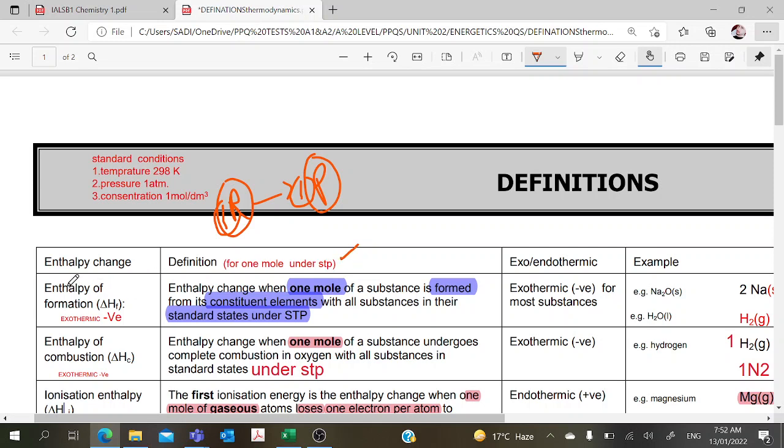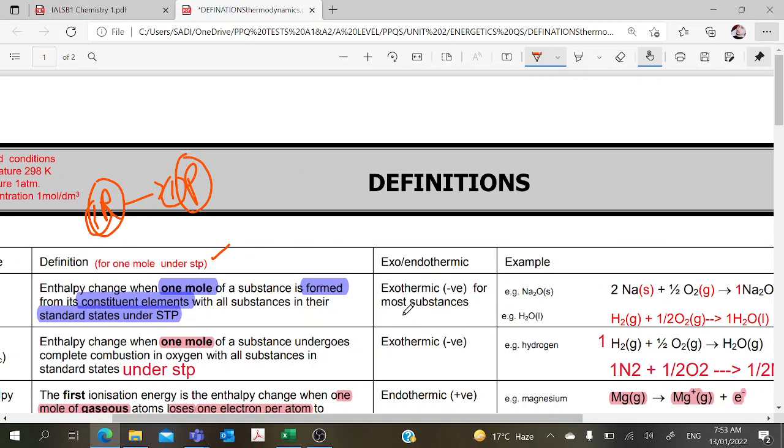Now let us work on enthalpy of formation. First of all, formation is always exothermic. Keep that in your mind. I've written here exothermic, so a negative value will be there. And how I'm going to define it: this is the enthalpy change when 1 mole of a substance is formed from its constituent elements with all substances in their standard state under STP.